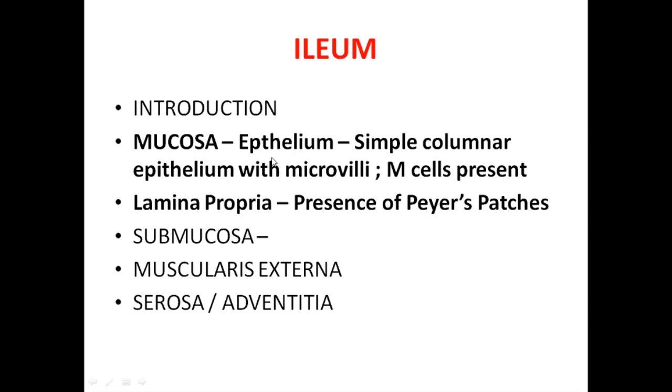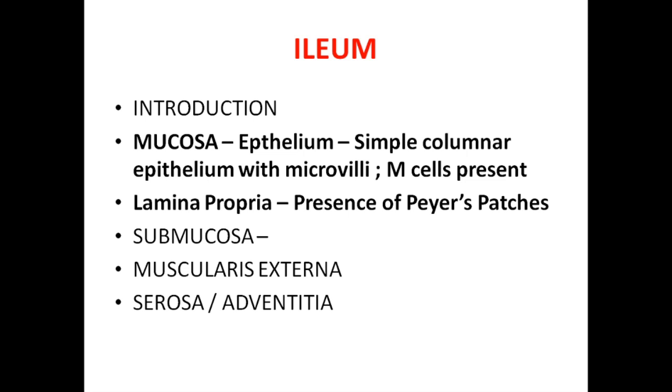Ileum, again the epithelium will be similar to the other parts of the small intestine, that is simple columnar epithelium with microvilli. You can mention M cells being present in the epithelium. More importantly, in the lamina propria there will be Peyer's patches, that is the collection of lymphatic tissue in the lamina propria, which is a diffuse collection present throughout the ileum and around all parts of the lumen of the ileum.